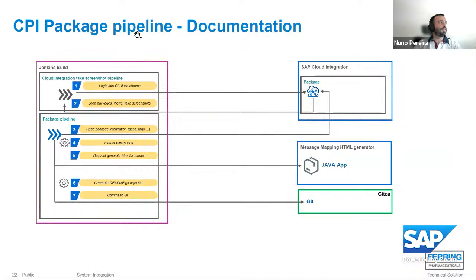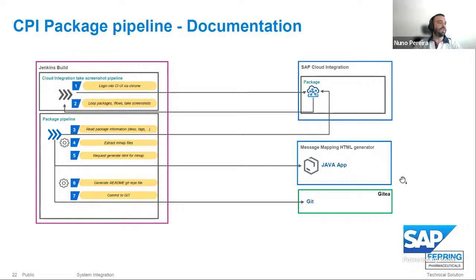Also part of this same package pipeline, we do the documentation. For that, we check if we have message mapping files there. If so, we generate an HTML for the message mapping.